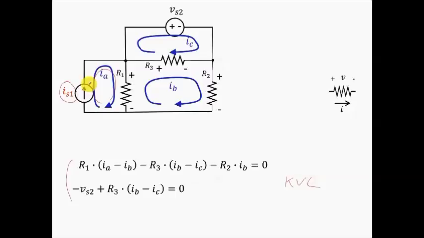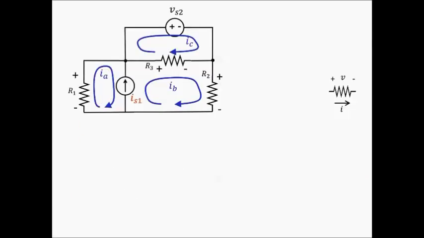So we can't apply KVL in mesh A. However, the current source is only in one branch, so I can just see that IA is equal to IS1, and that's my missing equation. So it is easy when the current source only appears in one of the meshes, like in this case.